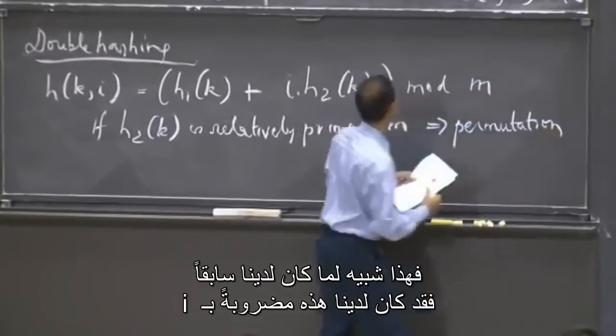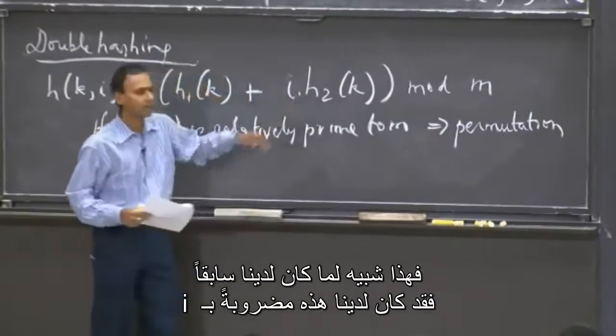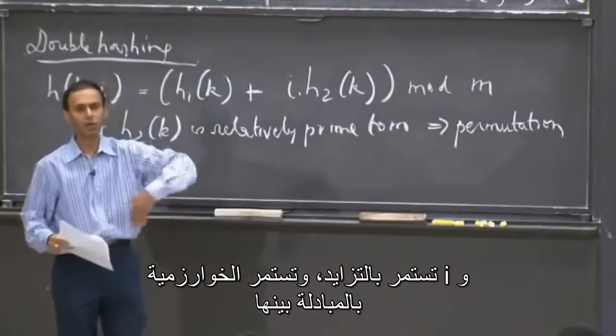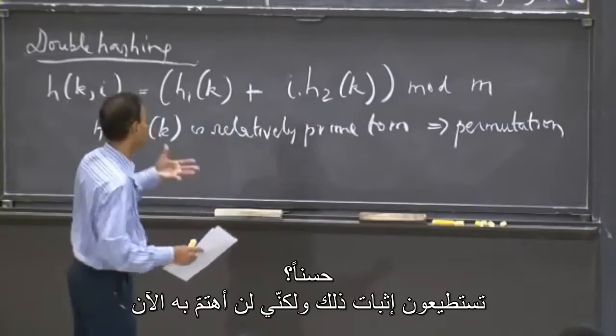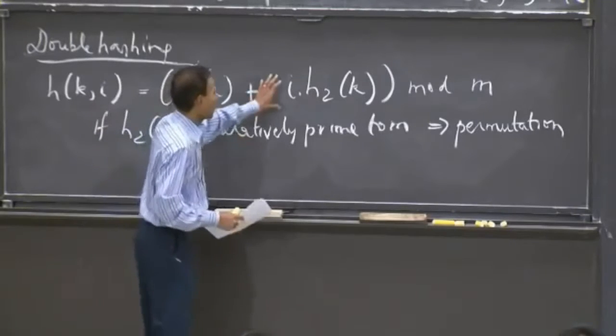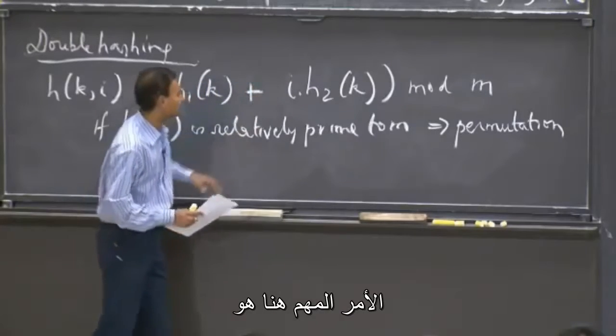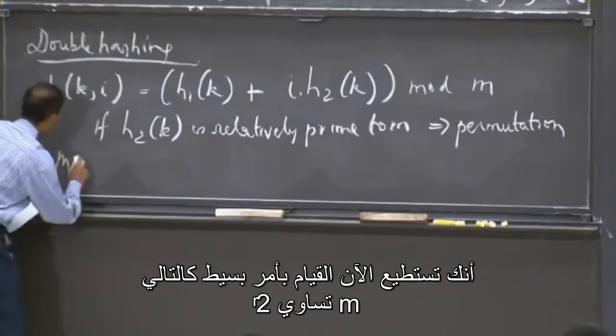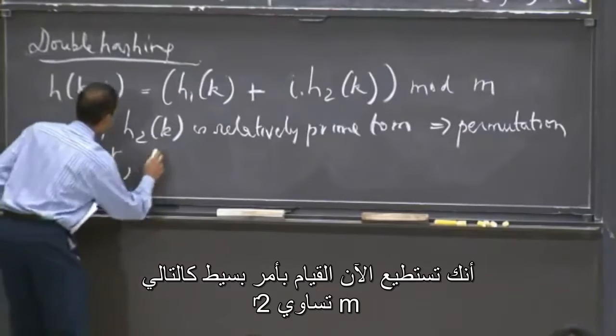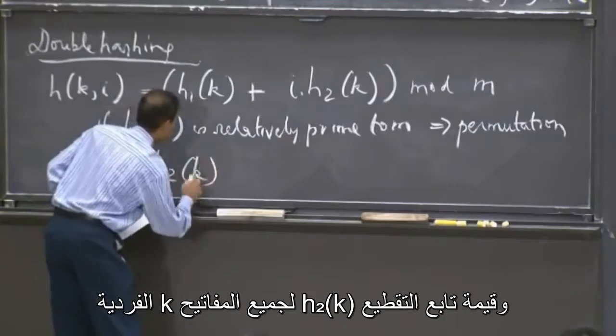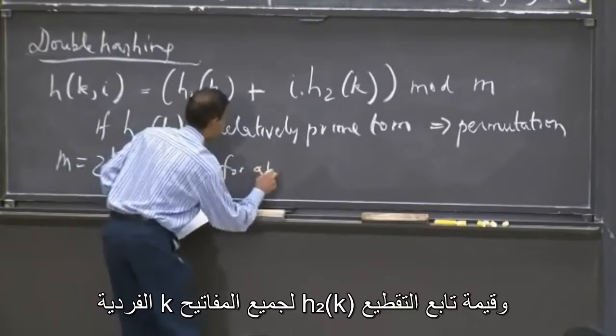It's similar to what we had before. You're multiplying this by i, which keeps increasing, and you're going to roll around. I mean, you can do a proof of it, but I'm not going to bother. The important thing here is that you can now do something as simple as m equals 2 raised to r, and h2(k) is odd for all k.